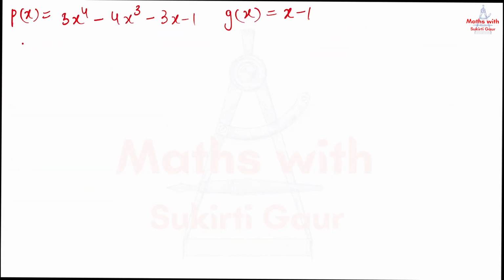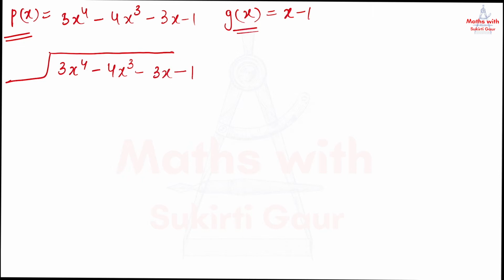So we are going to take this example where our dividend will be this one and our divisor will be this gx. We are going to first solve and find the remainder by the long division method of polynomial. 3x to the power 4 minus 4x cube minus 3x minus 1. This is our dividend and our divisor is x minus 1.